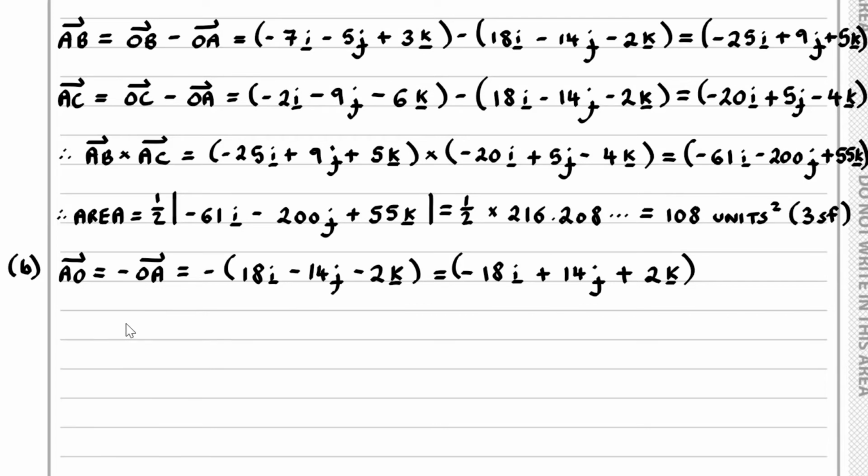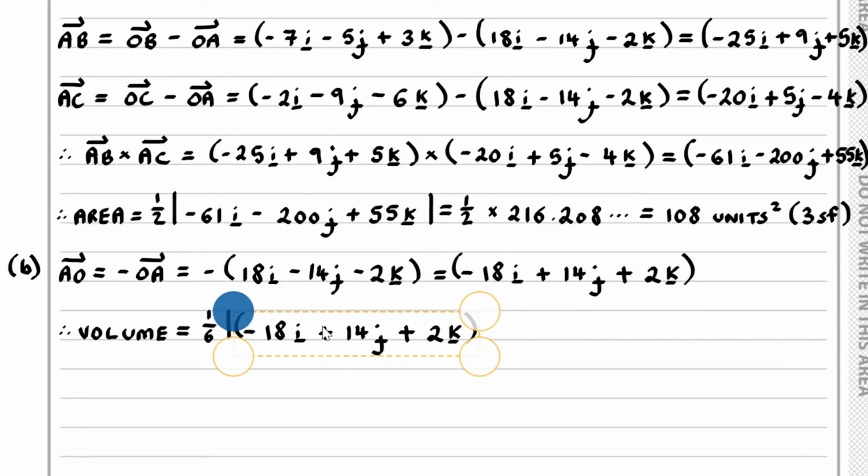And knowing what the vector AO is, we can now find out the volume. The volume, we have 1/6 lots of the modulus of, well, here we have the vector AO, and then we dot product this with the vector AB cross AC, which is this over here.